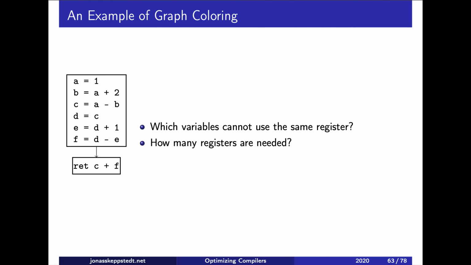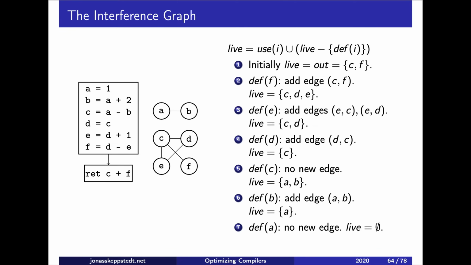What you need to remember is that variables that are live at the same time cannot get the same register, and we should create a graph which contains this information. Okay, that's sufficient to know. So forget about this. From this, we can create a graph where, if there is an edge between two variables, with variables as nodes, then they cannot get the same register.